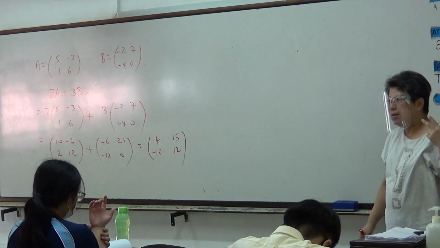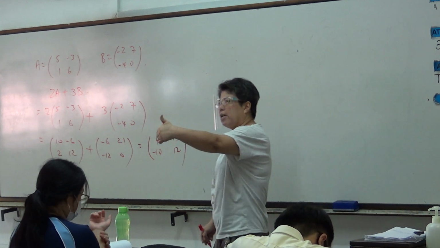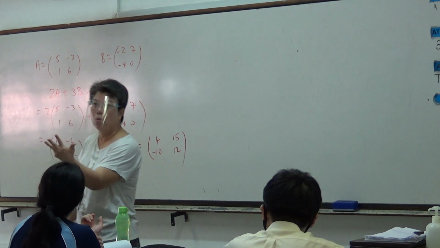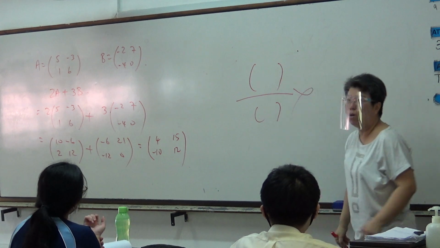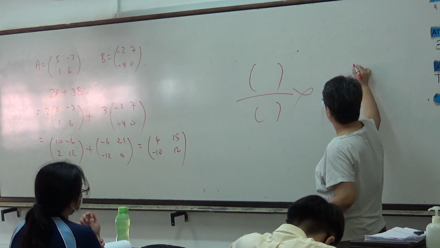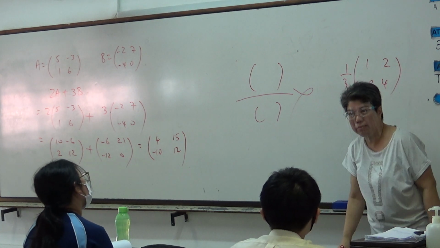Now, some people ask me, Joe, you have matrix addition, you have matrix subtraction, you have multiplication. The answer is, you cannot have a matrix divided by a matrix. This is not able to divide. But if you want to divide, you can divide by a scalar, that is times 1/3.